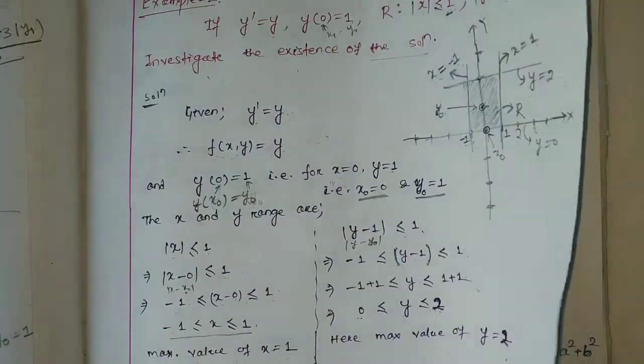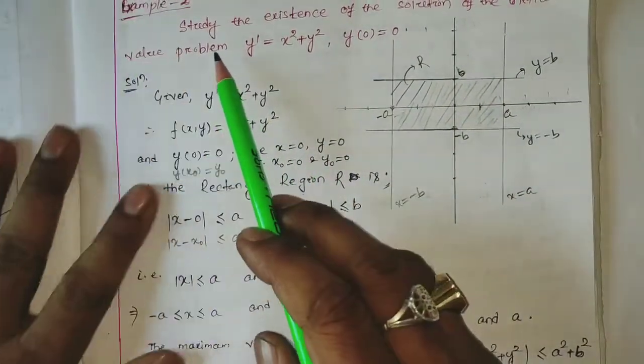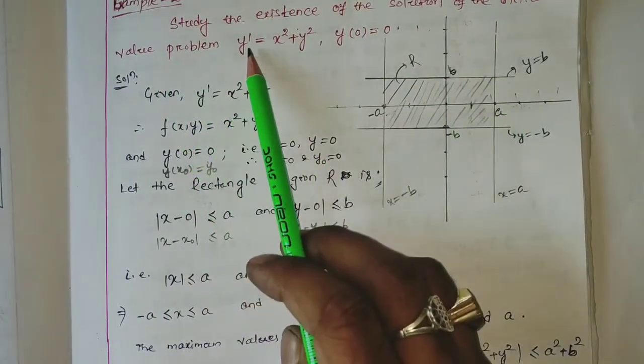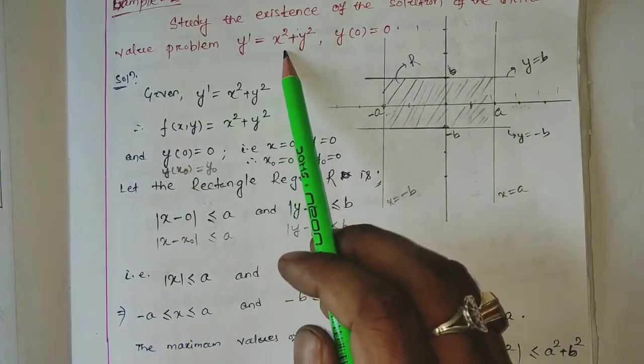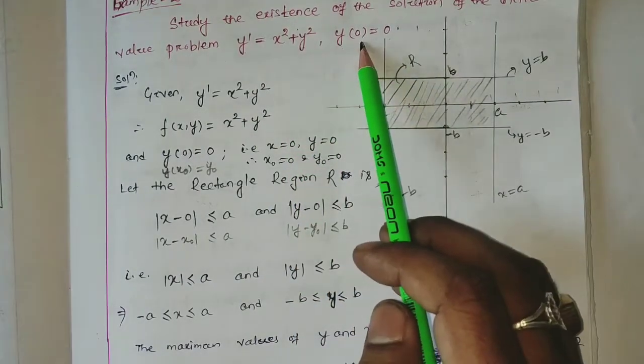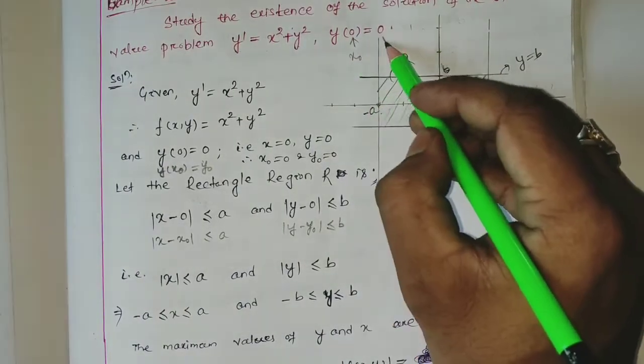We are going to go for another numerical, this one. Study the existence of the solution of the initial value problem. Here y dash is given as x square plus y square, y0 equal to 0. So here y0 equal to 0 means x0 is 0 and this is y0.